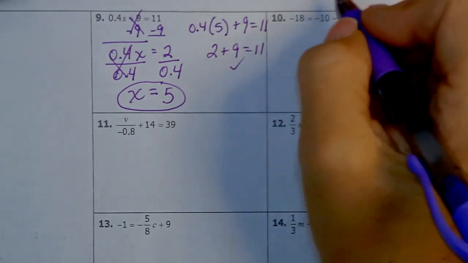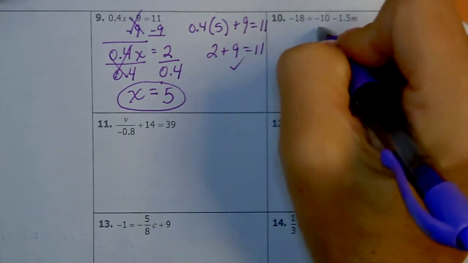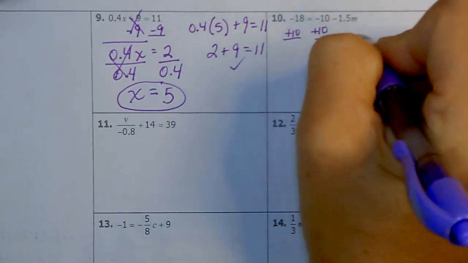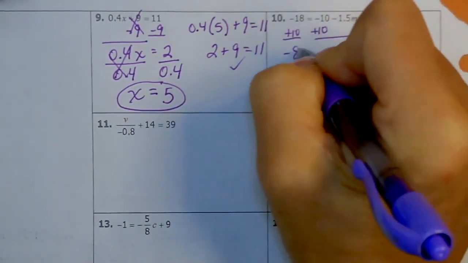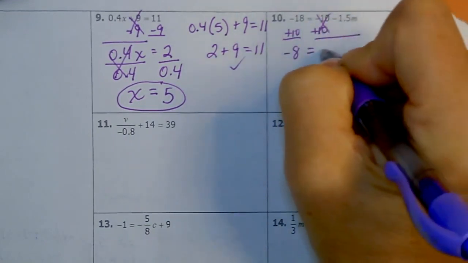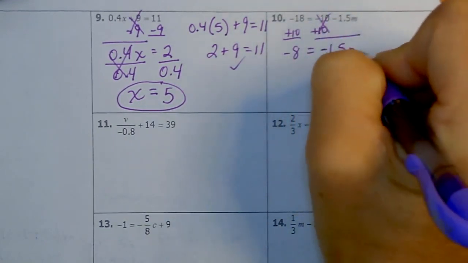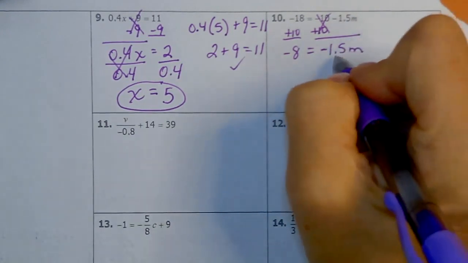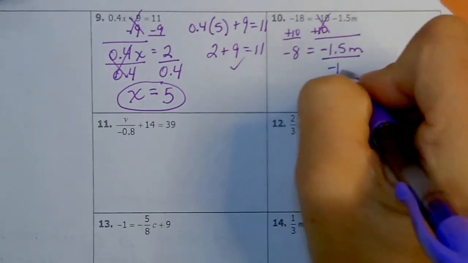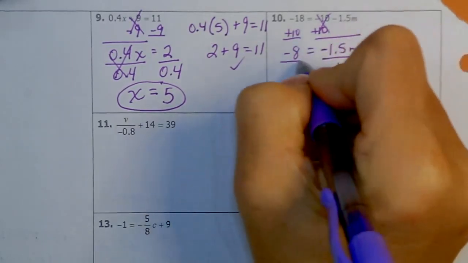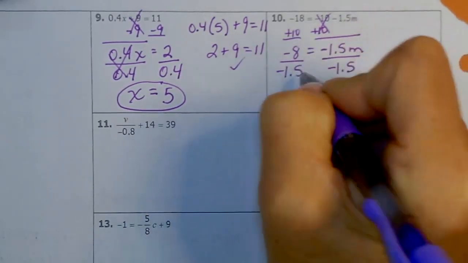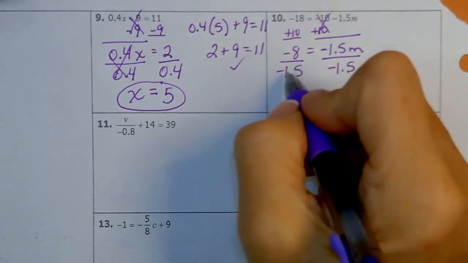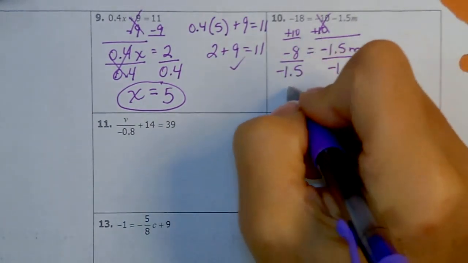Number 10, here's my variable, so I'm going to undo this. Negative 8 equals negative 1.5m. Time to undo this multiplication by dividing. If I divide that side, I have to divide this side. So negative 8 divided by negative 1.5.